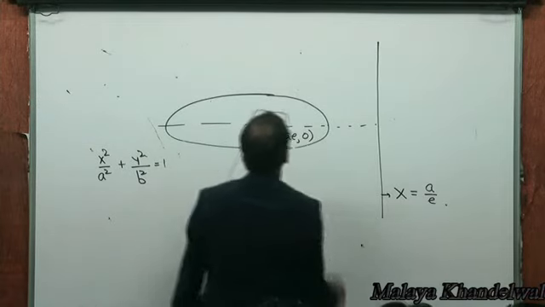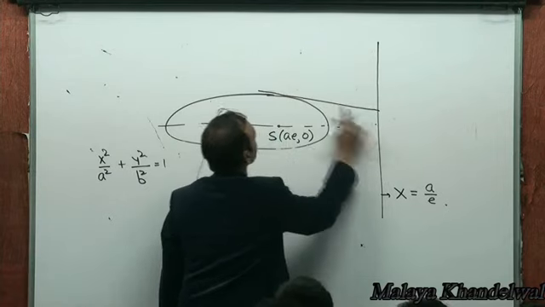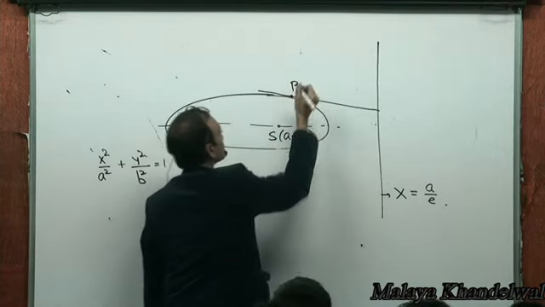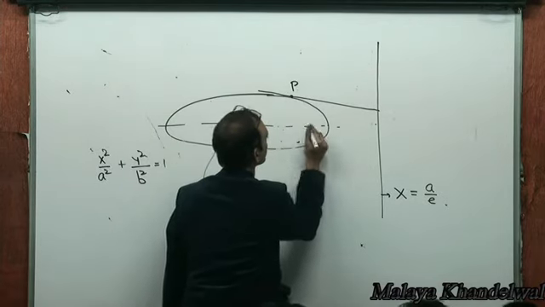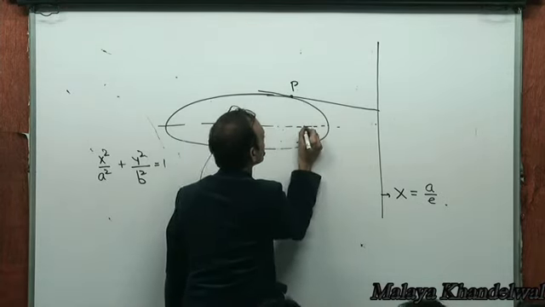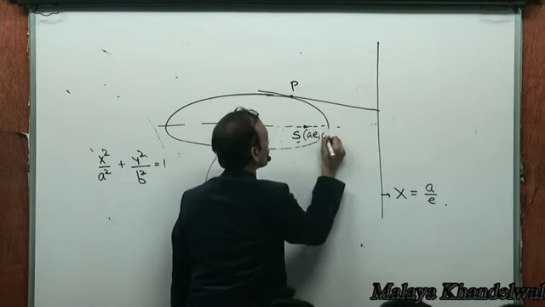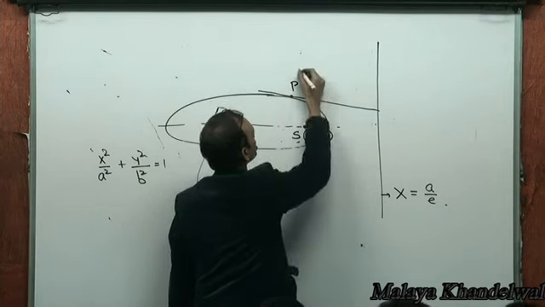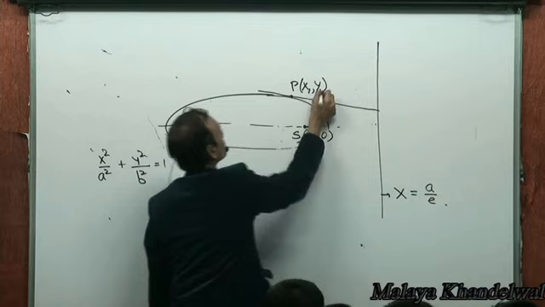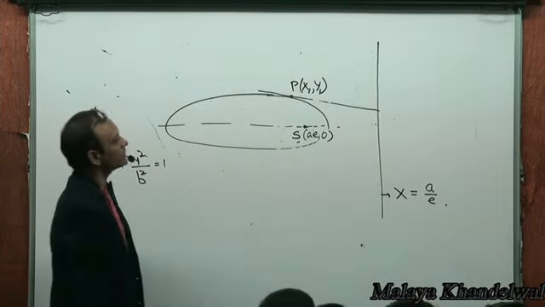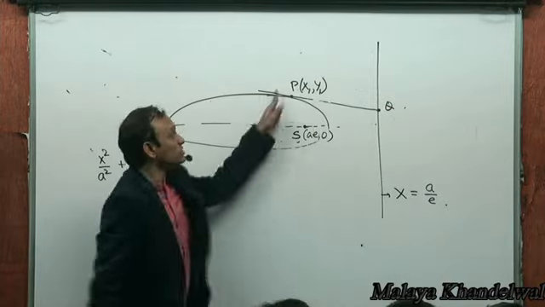Now if I draw a tangent at a certain point P, which is x1 comma y1, then let me tell you, if it intersects the directrix at Q, then what is PQ?